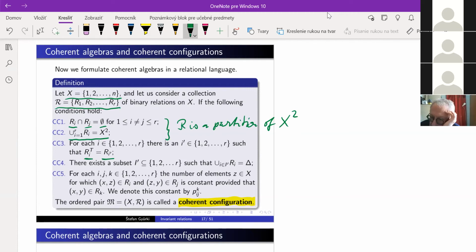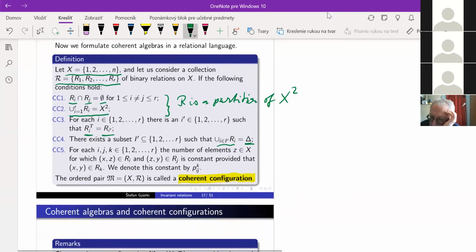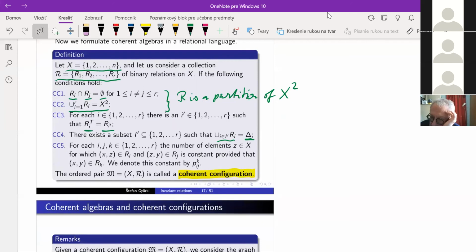And the fourth requirement is that I can create the full diagonal relation as a union of some of the relations from the R. And the last requirement is saying exactly that it has to have structure constants.